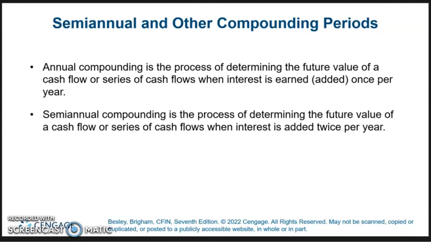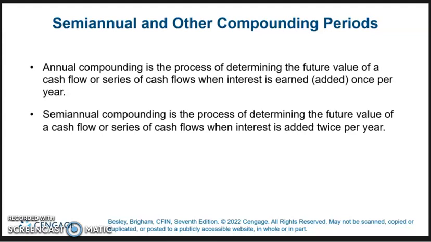We can have annual, semi-annual, quarterly, monthly, daily. When we do that, we have to adjust the number of periods, and, which I'll show you in a second on the calculator, we have to adjust the rate.